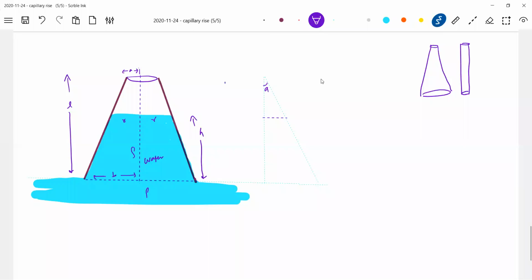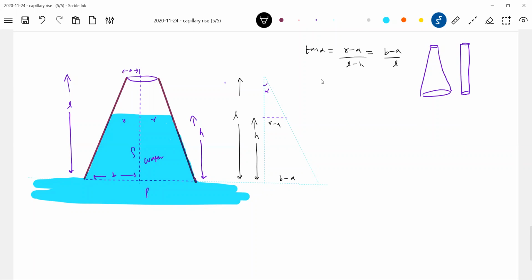Let this angle be alpha. This will be R minus A. This will be B minus A. So this is H. This is L. What is tan alpha? R minus A by L minus H should be equal to B minus A by L. Expression for R will be B minus A, L minus H by L, plus A.